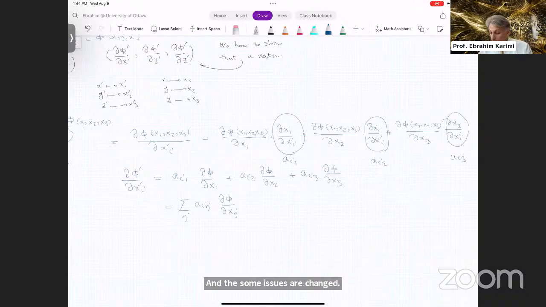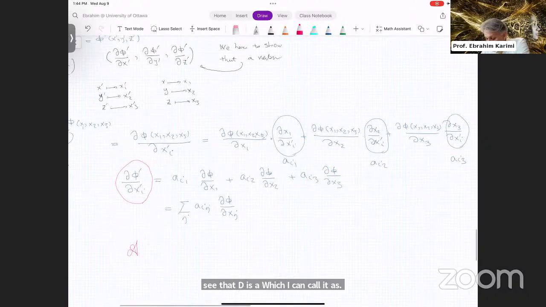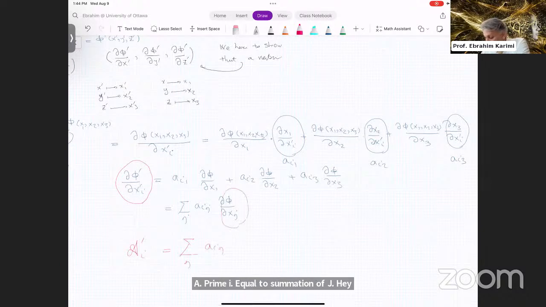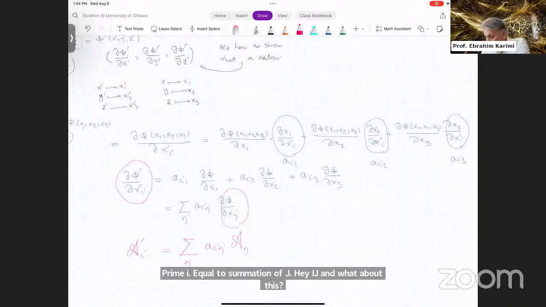So what I see is that this is a vector which I can call A prime i, equal to the summation over j of A ij. And what about this? This other vector is in the non-rotated coordinates, which is A j.